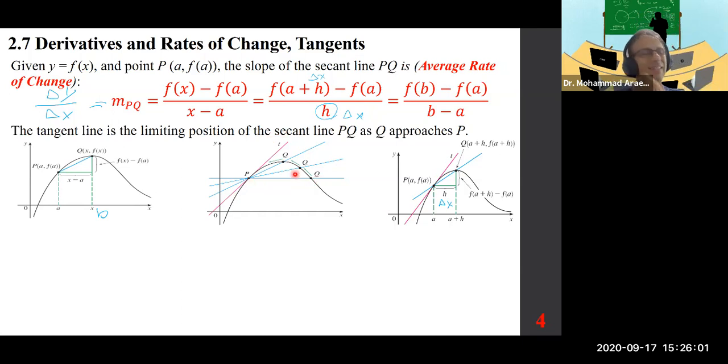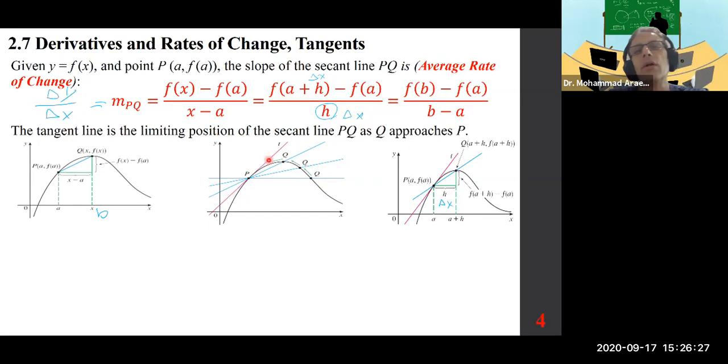Now we are interested in calculus, we are interested in a tangent line at P. And you have 1 point. So how do you come up with this slope? Well, you see the secant line and you move the Q closer and closer and closer to P. As you get closer and closer to P, you get closer and closer to what?